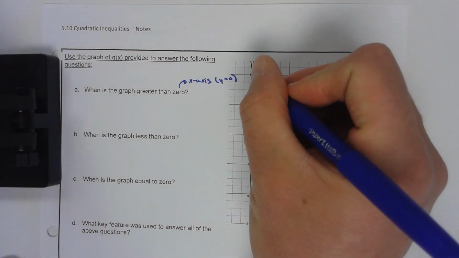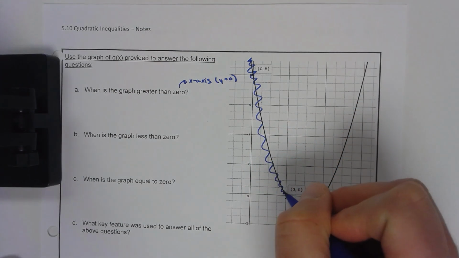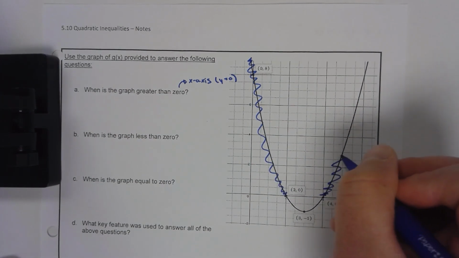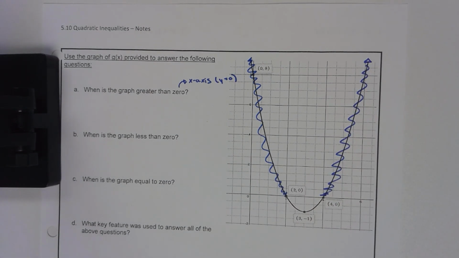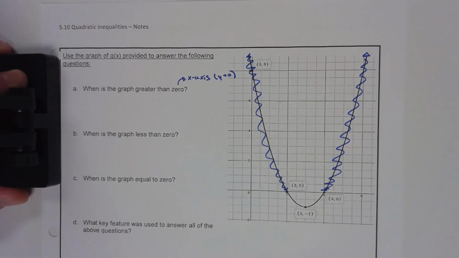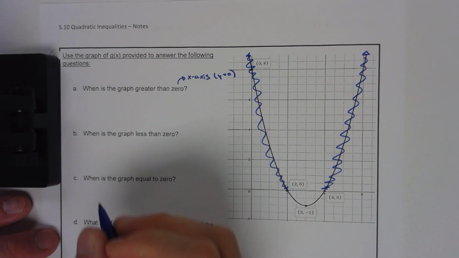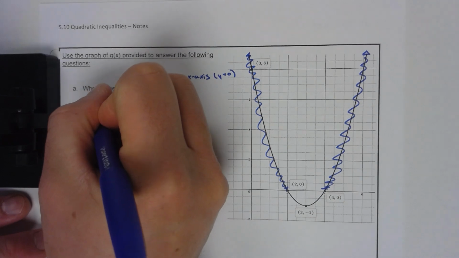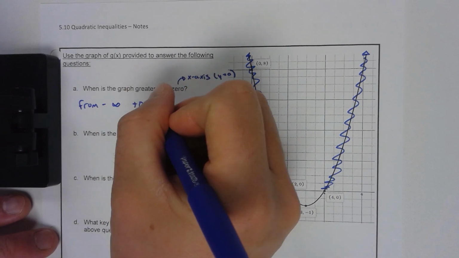Well, it's above the x-axis on the interval of these particular values, based on where I'm shading that particular graph. Everyone agree with that? We can physically see that it's above the x-axis there. So let's just use our words here. It's greater than 0 from negative infinity to 2.